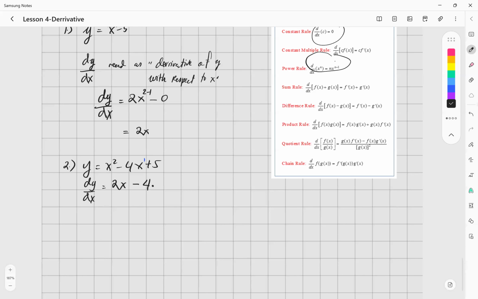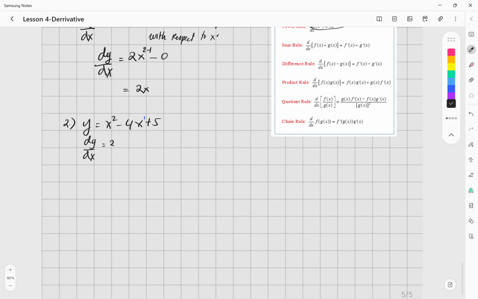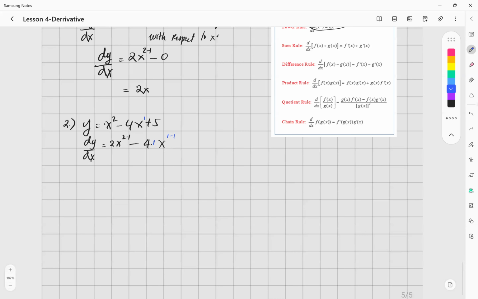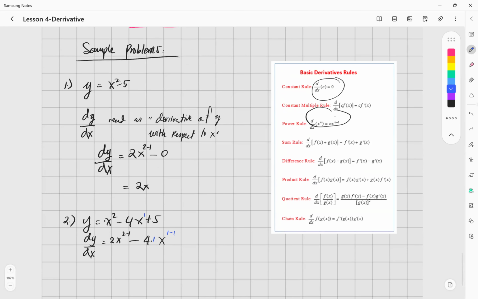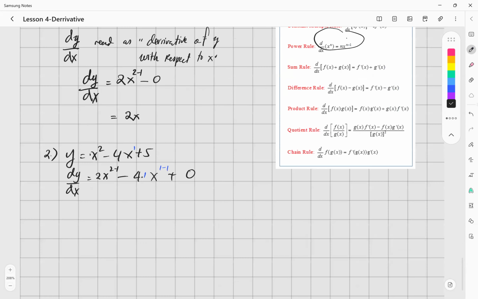So you bring down the 1 and multiply by the negative 4, and x is to the 1 minus 1, which is 0.